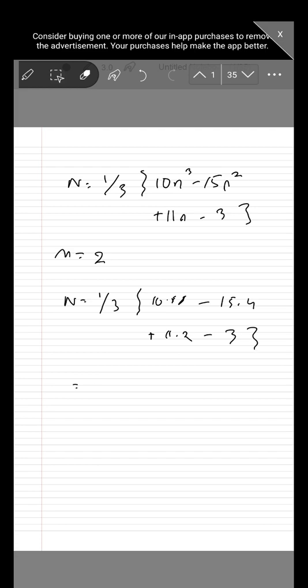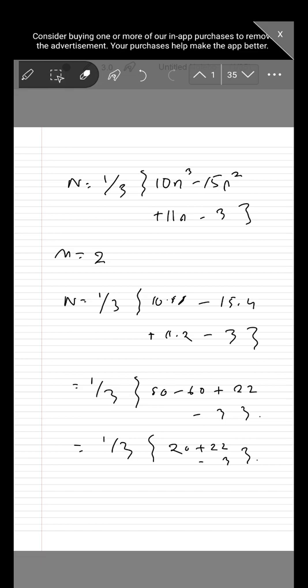So that will be equal to 1/3 (80 minus 60 plus 22 minus 3), which is 1/3 (20 plus 22 minus 3), so 1/3 of 39, and by 3, that makes it 13.